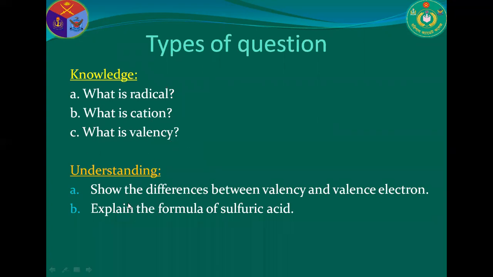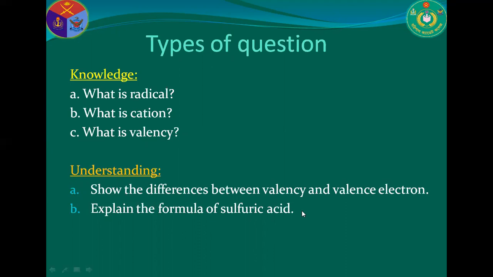Second type of question: valency and valence electron. There are some differences between valency and valence electron. In the case of valency, no charge is used, but in the case of valence electron, this is the number of electrons in the outermost energy level. In the case of valency, this is the unpaired electron. Explain the formula of sulfuric acid. It is H2SO4.